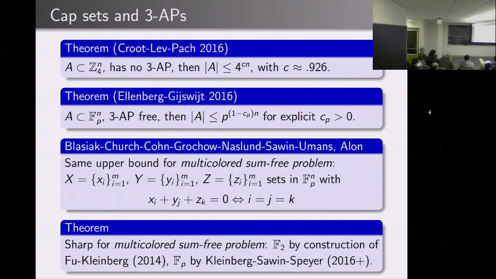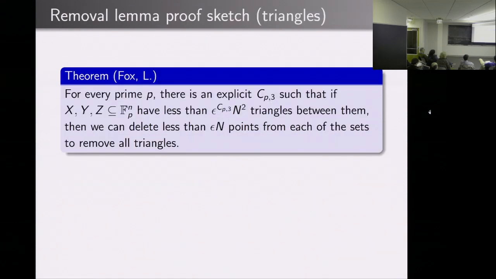Okay. So really, I just need the bound on the multicolored sum-free problem. I'm just going to need that as a black box for our purposes here. So remember this if you forget everything else on this slide.